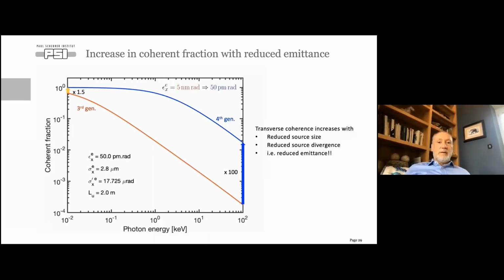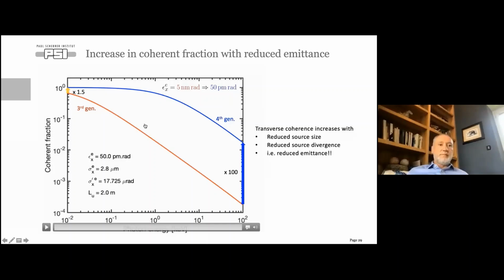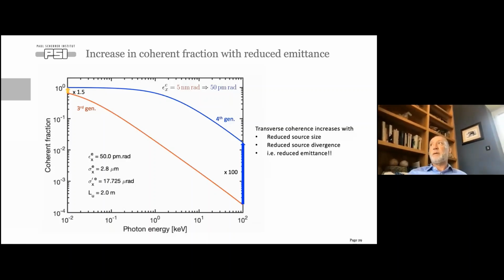Now you might say, okay, well, look, the coherent fraction in the soft X-ray regime is anyway high, so why don't we just do our experiments there? For many instances, this is not practical. The reason being that we need the hard X-rays, the high transmission, and the small wavelength in order to do nanoscale imaging techniques.